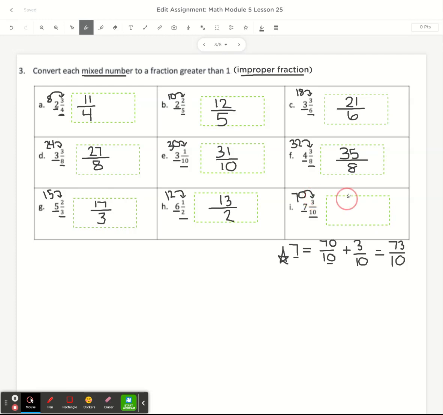So 70 plus 3 gives us 73, and we keep our denominator the same. It's basically the same exact method. This one right here, you write things out more formally. The way that I've been doing it on this slide is kind of the more lazy version, but again, guys, with math, I'm a fan of making things as simple as possible, because I think if things get made too complicated, then it's way too easy to make mistakes.